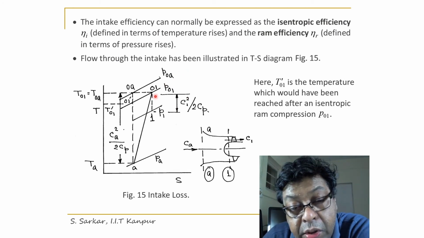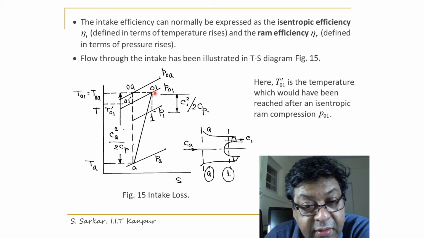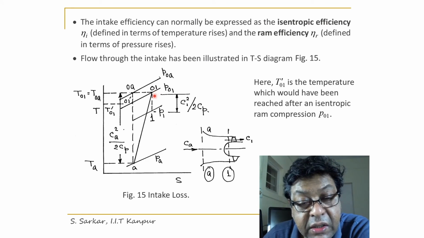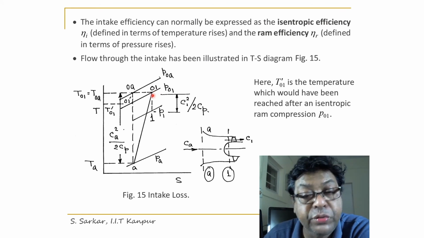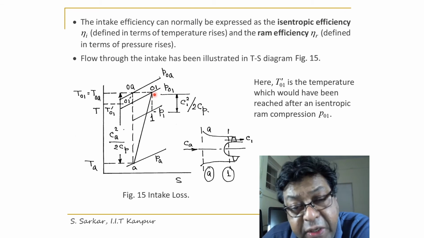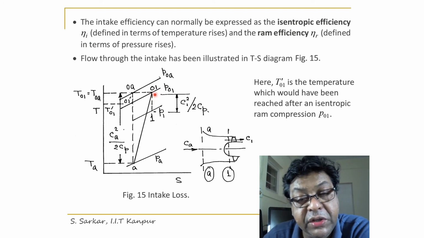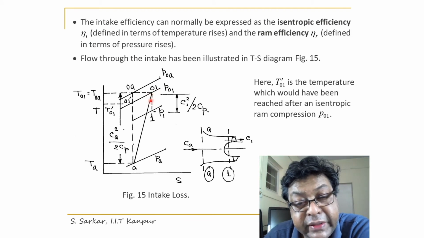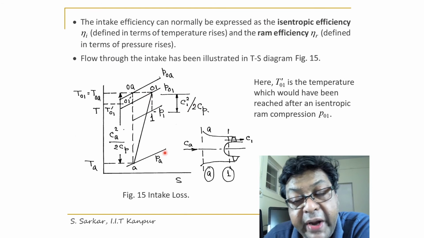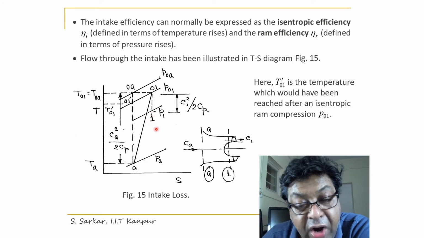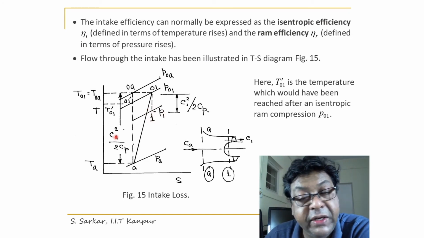Now, from 01, how can I identify the static pressure corresponding to the point 01? So, the state point 01 is associated with the velocity C1. Thus, if I subtract from T01 the quantity C1 squared divided by twice Cp, I'll get T1. Thus, I have identified the state point 1 and the pressure P1.